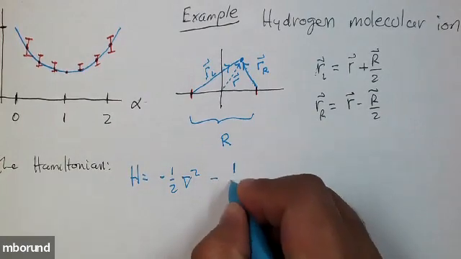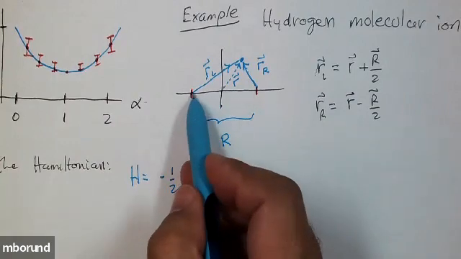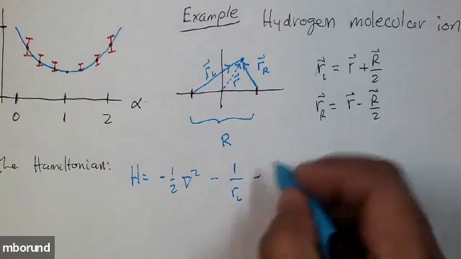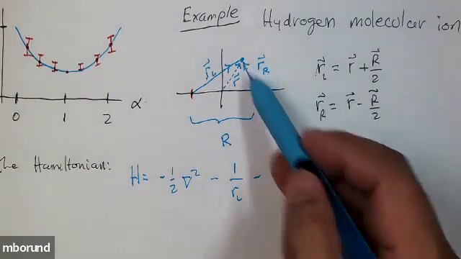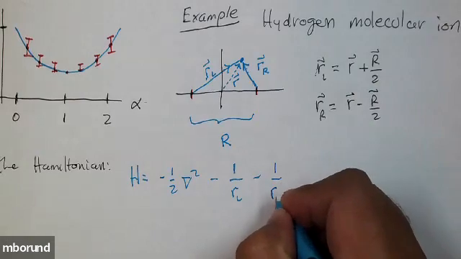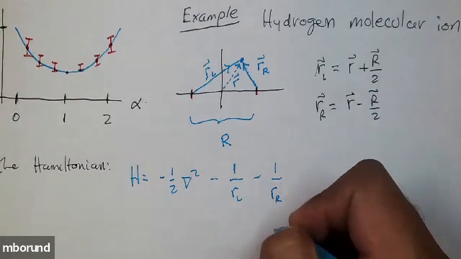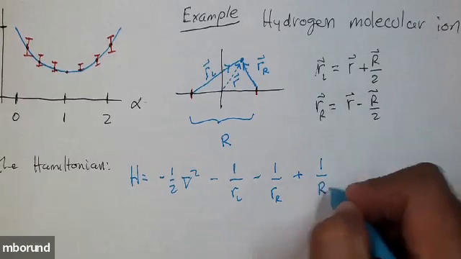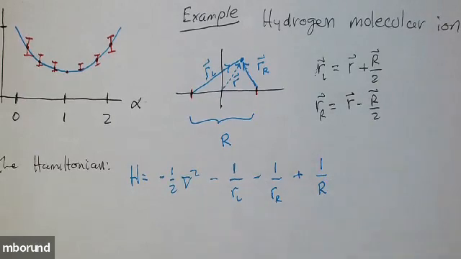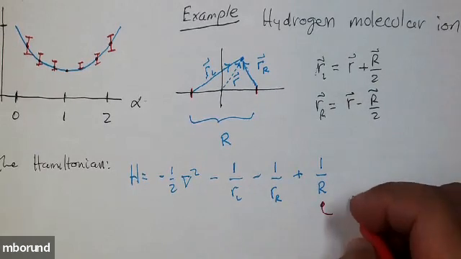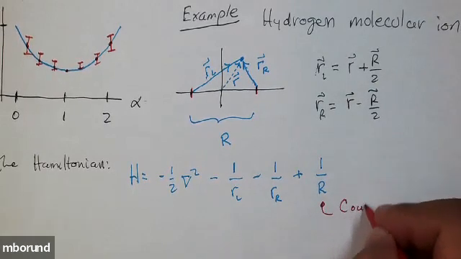Then we will have the Coulomb interaction with the ion on the left, and then the Coulomb interaction with the ion on the right. And then there's a term that is 1 over R right here. This term is the Coulomb repulsion between the nuclei.